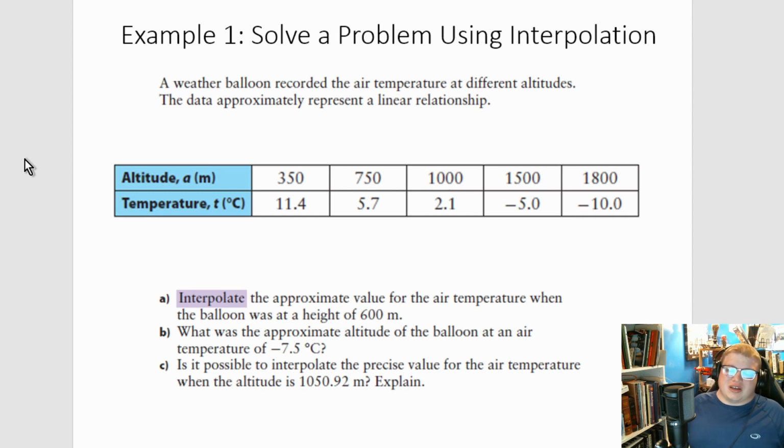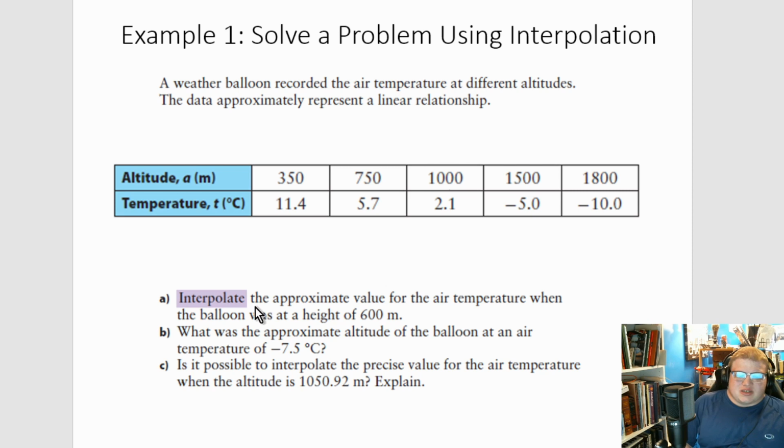And we talked about linear last section, where linear means the data is consistent and it mostly lines up. If you plot it on a graph, you should be able to connect the dots and it'll make a solid line that you can connect with the ruler. So because it's real data, that's why they say approximately represents a linear relationship.